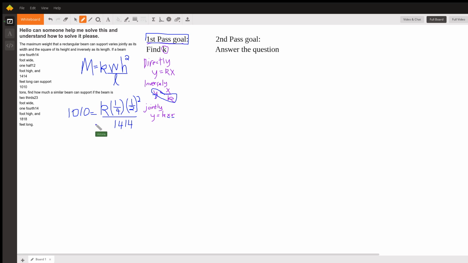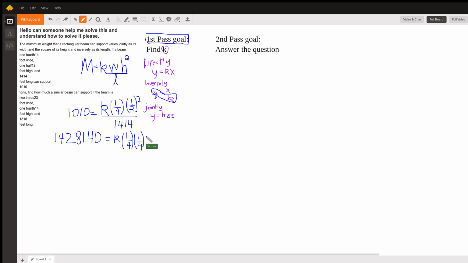Okay, so we have to find K. So we multiply both sides by the length. And that equals k times 1/4 times 1/2 squared, which is 1/4.